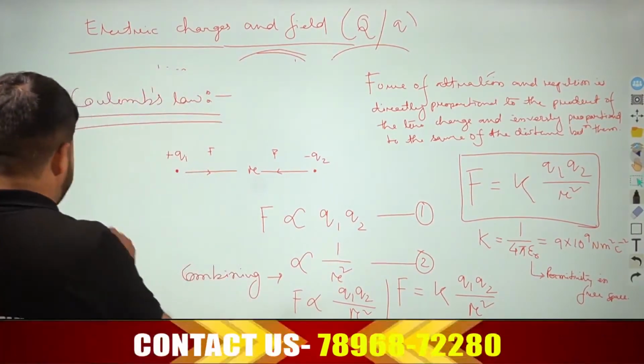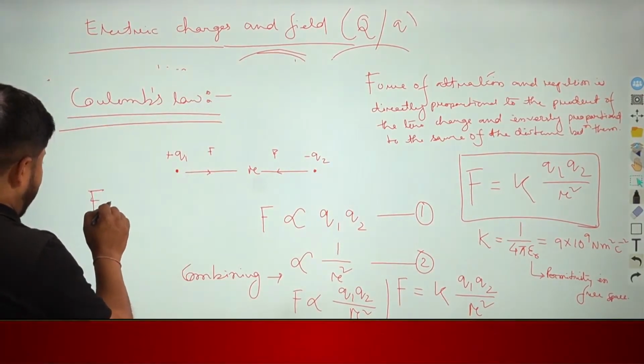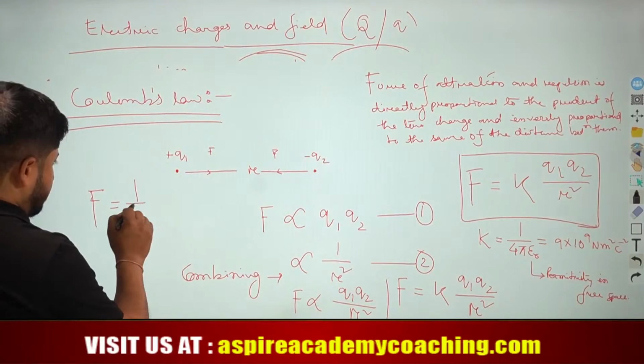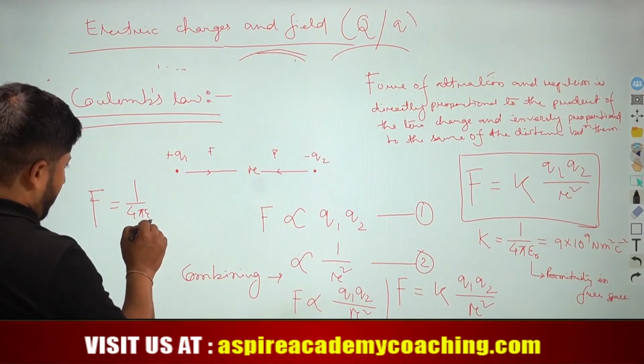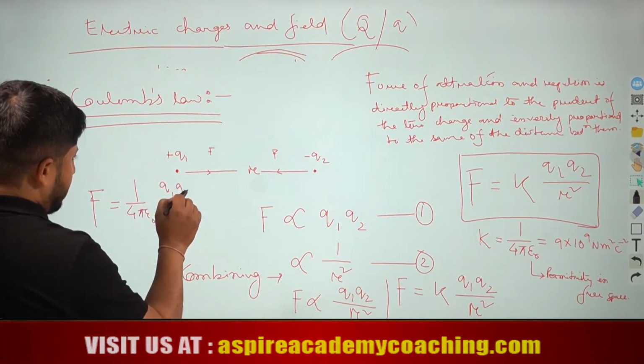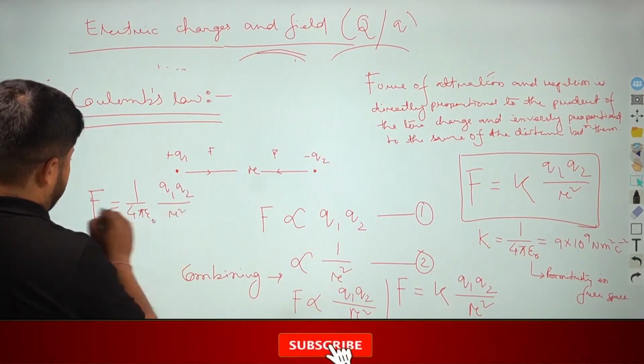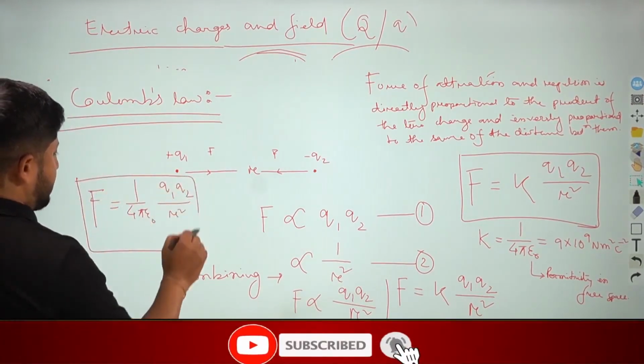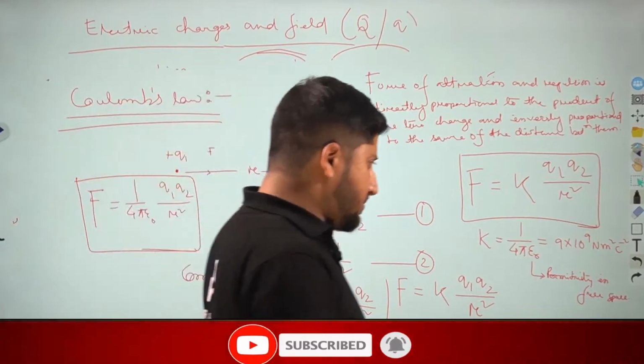So now Coulomb's law looks like this: F is equal to 1 by 4 pi epsilon naught Q1 Q2 by R square. This is the famous Coulomb's law. Any problem?